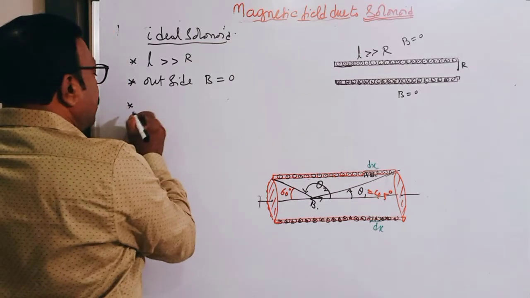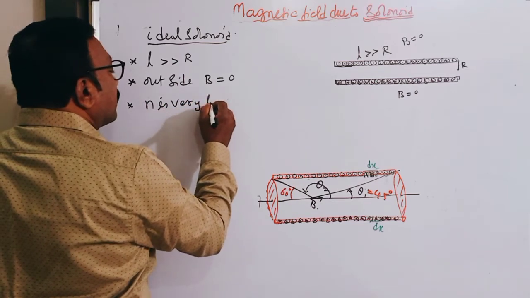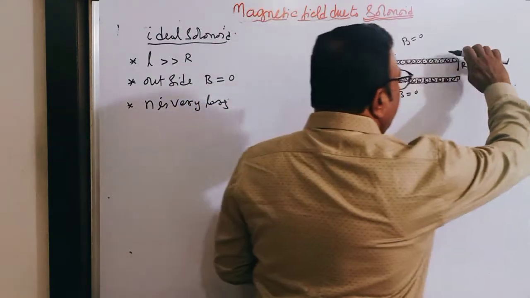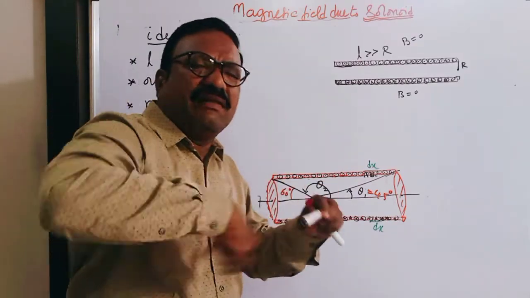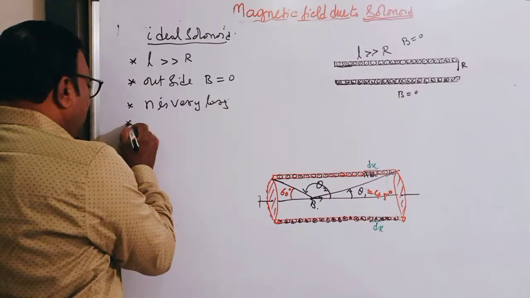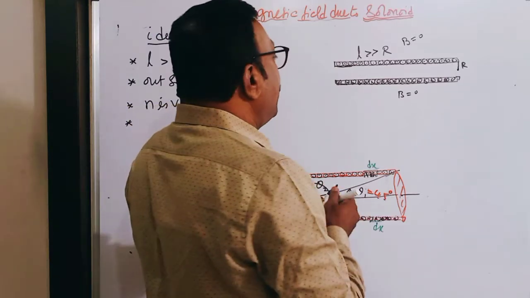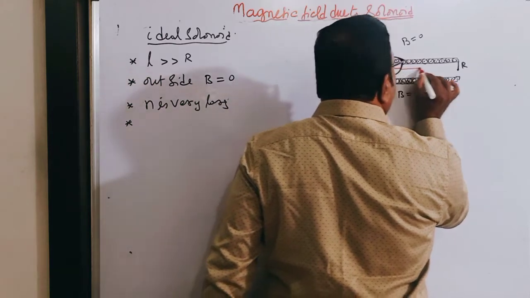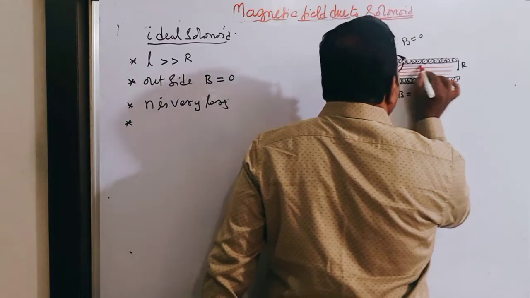And the third condition: n is very large. What is n? The number of turns per unit length. In a unit length, how many turns are there, that is called n. That means you should have so many turns; the number of turns must be large. Next, a very, very important condition is that the magnetic field inside this ideal solenoid is uniform. It is a uniform magnetic field existing in this region.